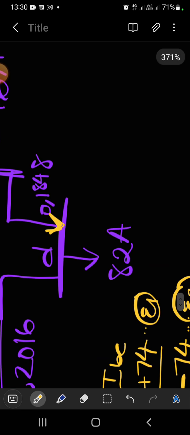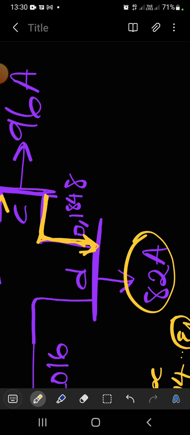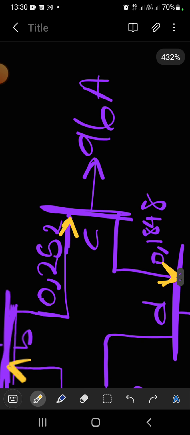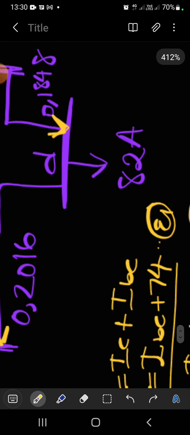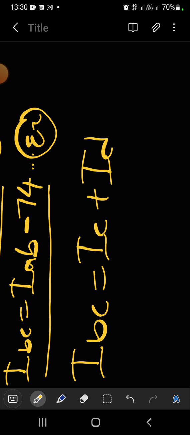Now we have to find current DC, right? Current DC is the sum of this plus that, because it is entering bus bar D, and the same current, which is current DC, is also this minus that. Let me show you. IBC is equal to IC plus IDC.